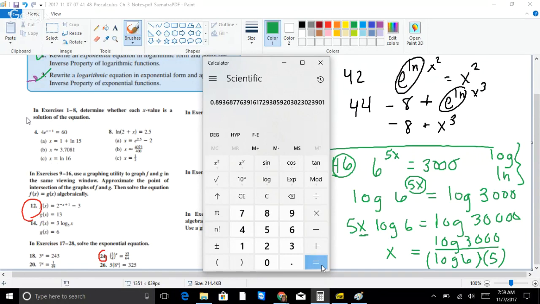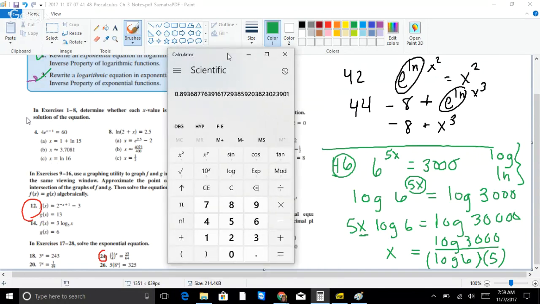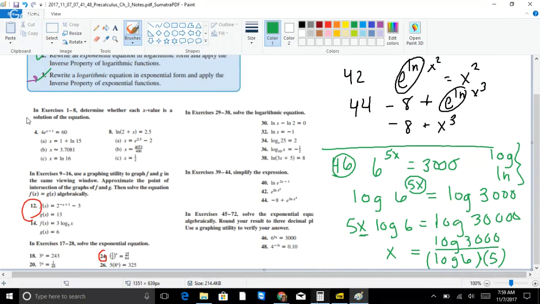If I do that, I find that x equals a very long decimal. So I find that x is approximately 0.894.